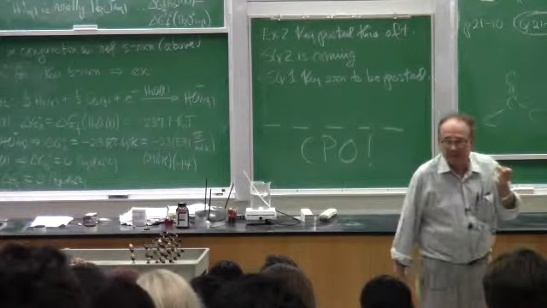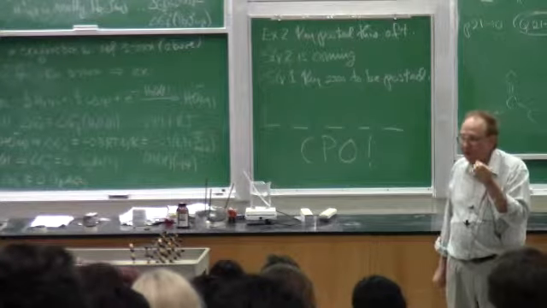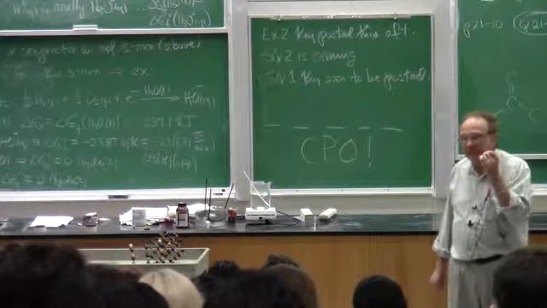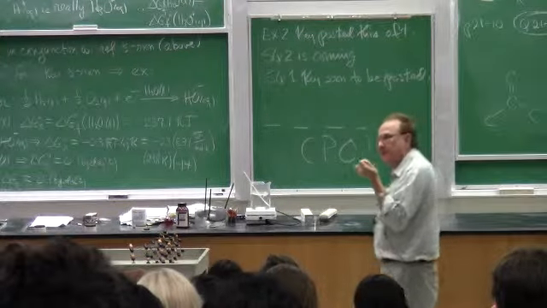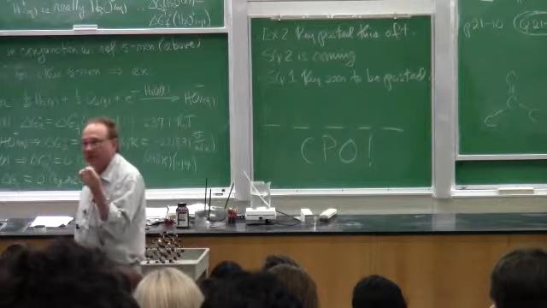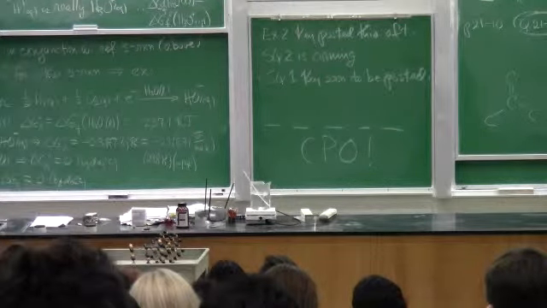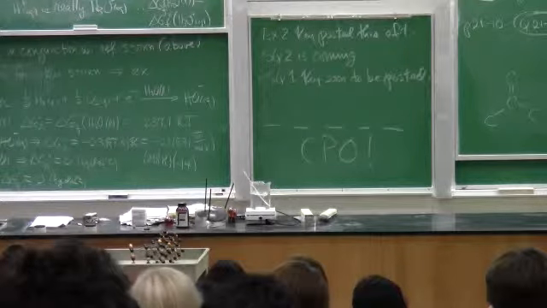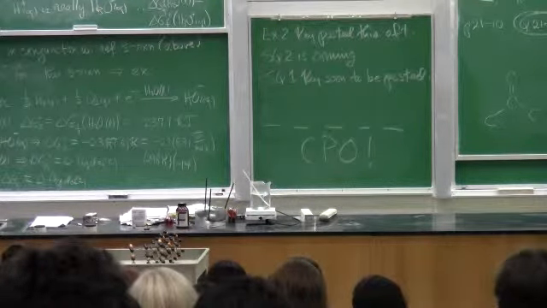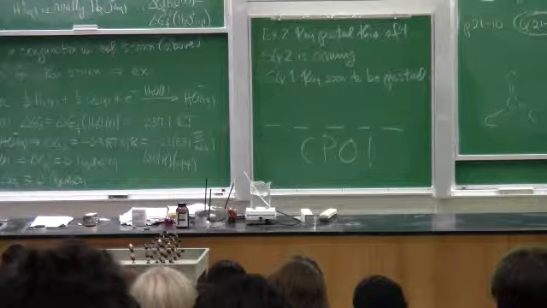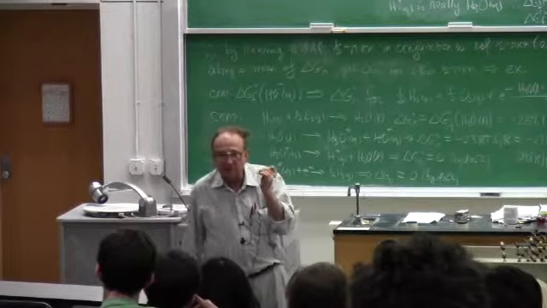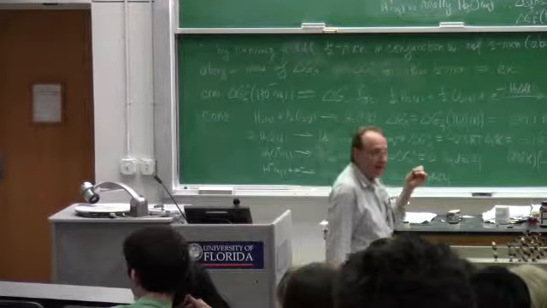But if I'm going to consider forming diamond from graphite, after having recognized that the covalent bonds between and among the carbon atoms in graphite are stronger, then when I convert graphite to diamond, is this an exo or endo transformation? I'm going from stronger bonds to weaker bonds. Is that exo or endo? Stronger bonds to weaker bonds.